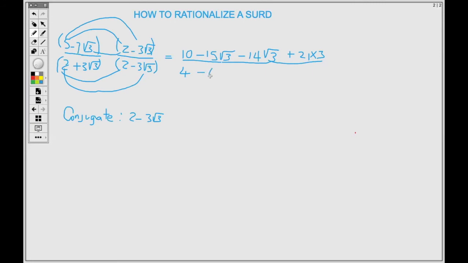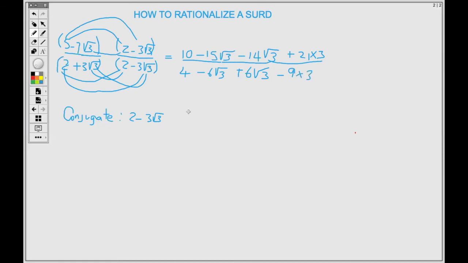Then I rewrite the root 3. Then 3 root 3 times 2, 3 times 2 is 6. I have plus 6 root 3. Then root 3 times minus 3 root 3, that is negative 9. And root 3 times root 3 gives us 3.